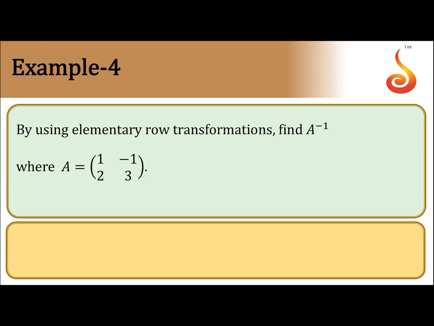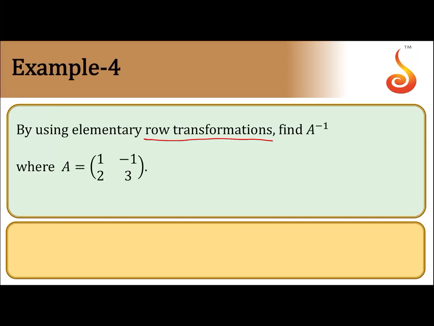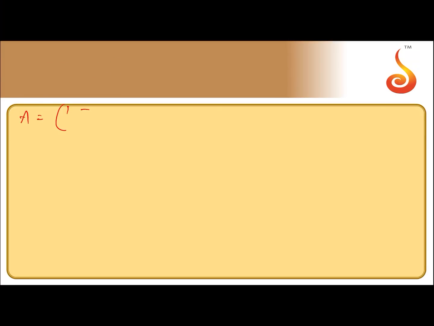The first example: by using elementary row transformations, find A inverse where A is given by 1, minus 1, 2, 3. Let's see how we proceed. By elementary row transformations, first A is equal to 1, minus 1, 2, 3.